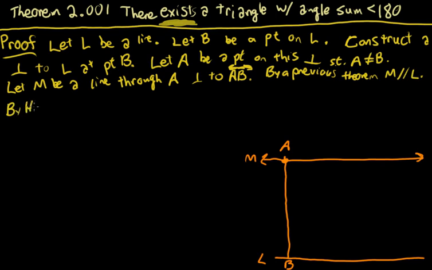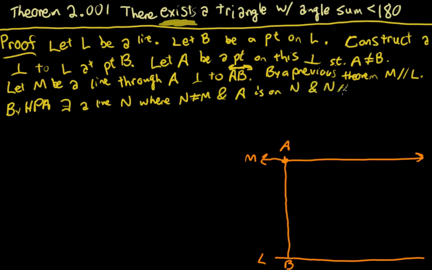And by our hyperbolic parallel axiom, there exists a line N where N does not equal M, and A is on N, and N is parallel to L. So we'll call this right.